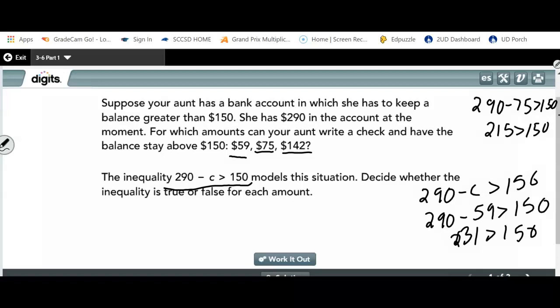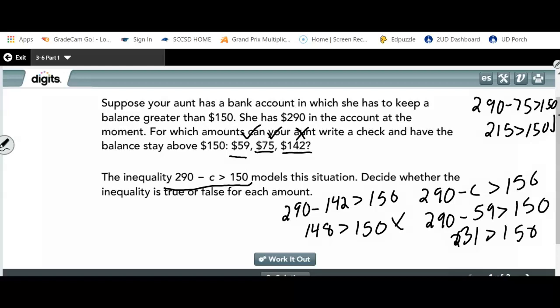Yes, so I can write a check for 75. 290 minus 142, is that greater than 150? 290 minus 142 is 148. Is 148 greater than 150? Is that a true statement? No. So yes, yes, no.